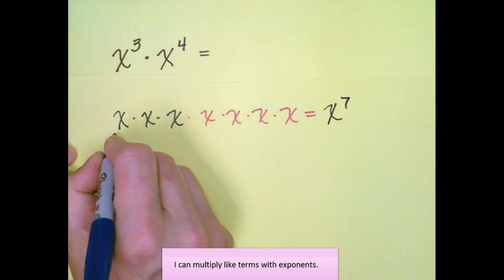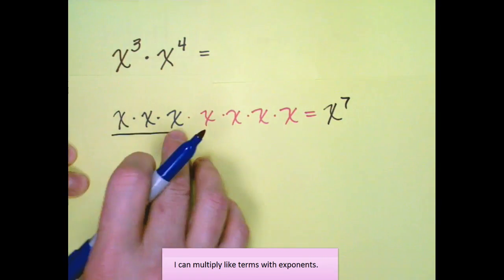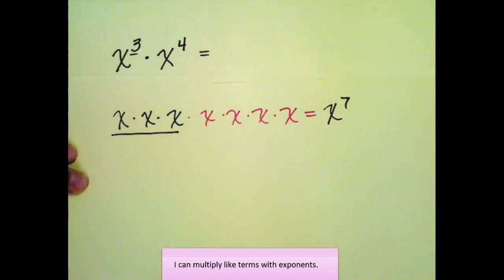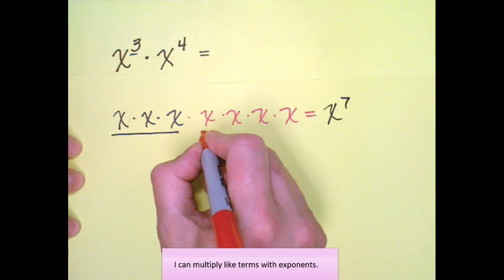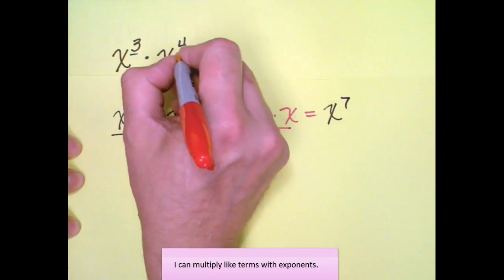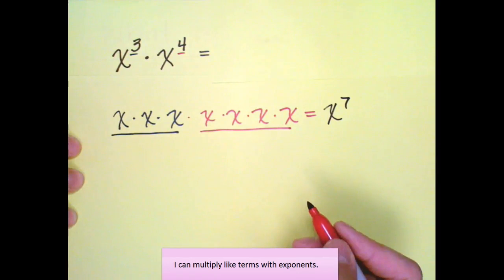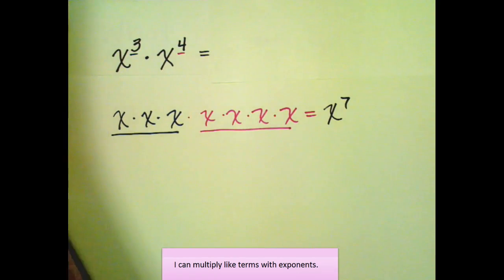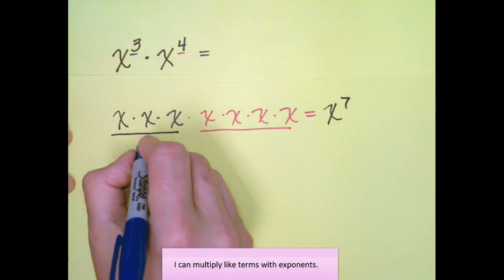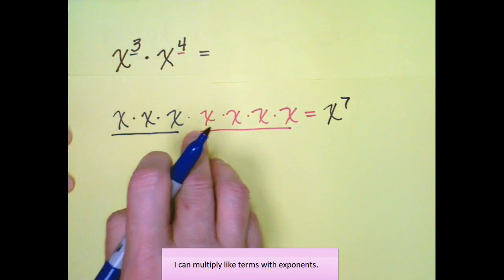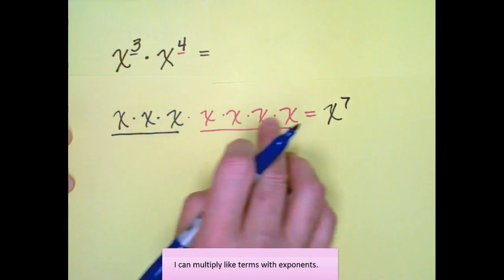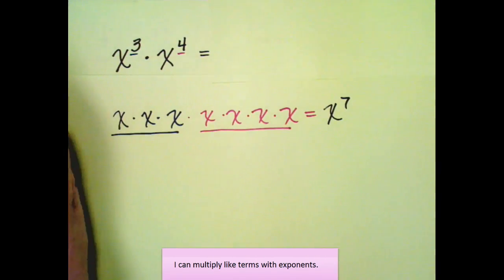We got the 7 by taking the 3 x's, because we had 3 x's that we were multiplying in the first term, and we had 4 x's that we multiplied the second time, and so we just take our 3 x's times the 4 x's and that gives us a total of 7 x's.